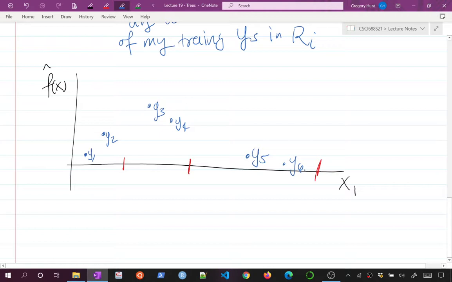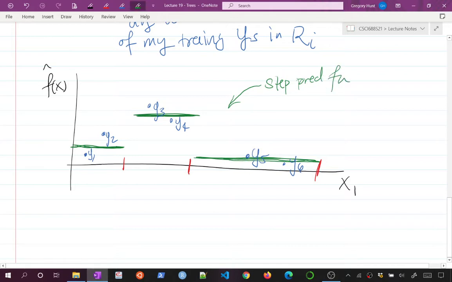So these are maybe my training data points. If I had split with these rectangles, as given by these red dividers here, I would get a model that predicts the constant average of y1 and y2 for this rectangle, and the average value of y3 and y4 over this rectangle or segment. And then this average is lower, right? This is maybe the average down here. So basically what we have is a step prediction function.